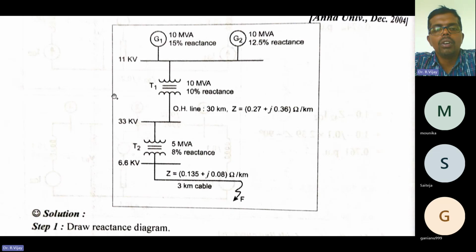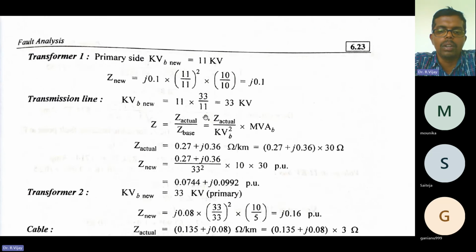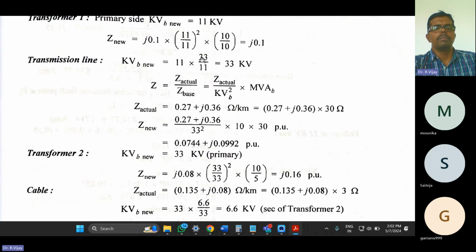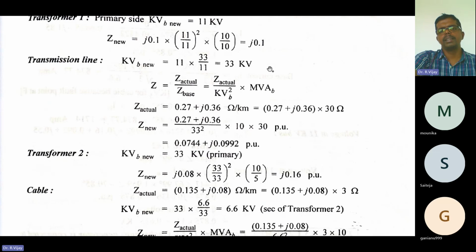Here some base kilovolt is 33 kilovolt, so that also you need to take into account. Every time you need to check carefully. The problem, calculation and formulas are very simple, but what you really need to do is substitute the correct value, otherwise the entire problem goes wrong.